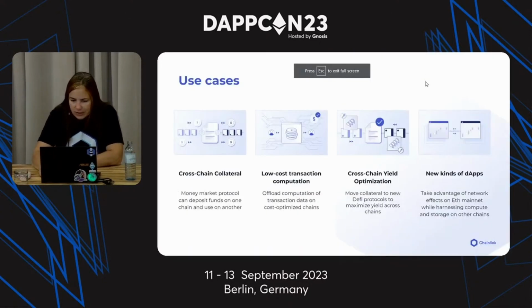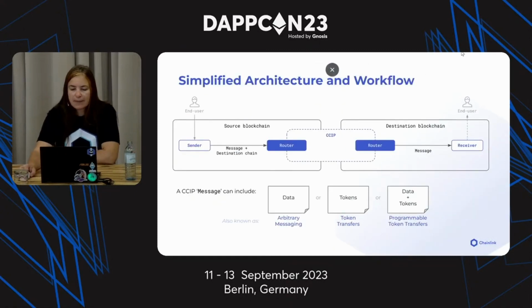And I have one more that I'd like to show you. This is the basic architecture and workflow that we are doing. We are the user. We deployed the sender contract, and here we define what is the message and where it is going, the destination blockchain.